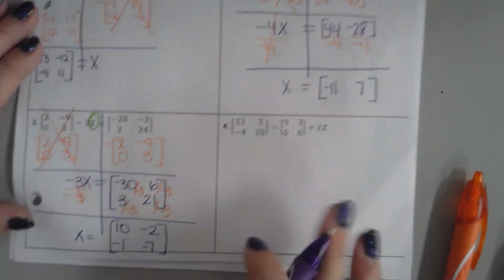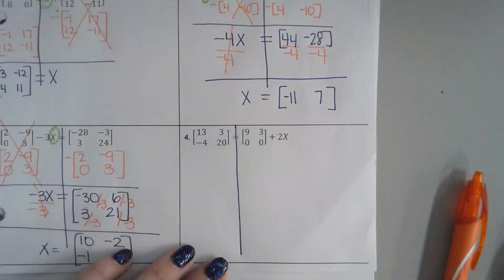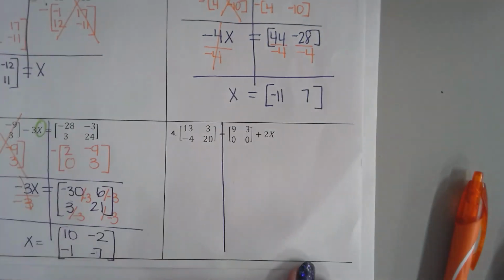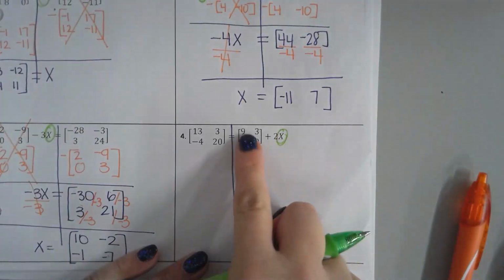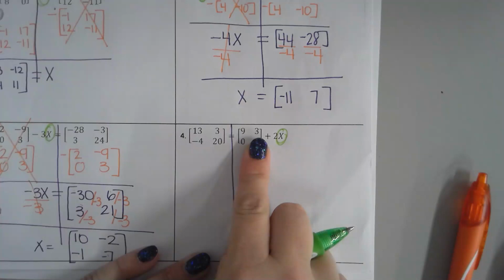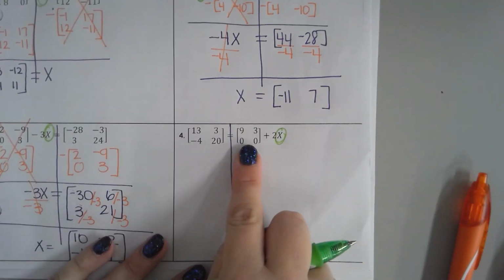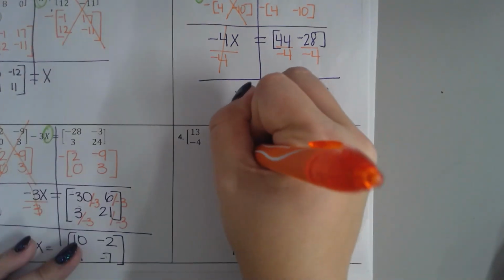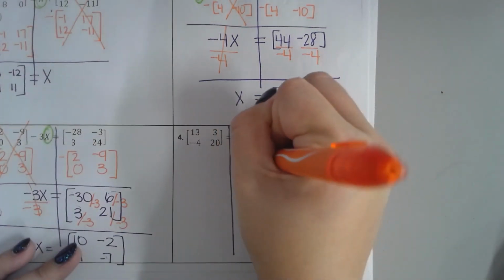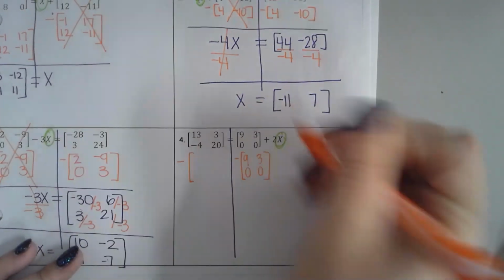All right, let's go on to question number 4. Here's my x. I've got to get rid of this 9, 3, 0, 0 matrix, and I've got to get rid of that 2. I'm going to subtract the matrix first, subtracting it from both sides.